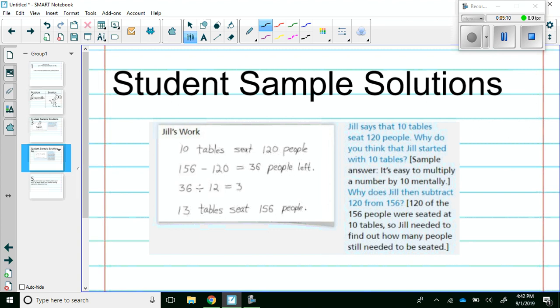She takes 120 from 156 to get 36 people left. Then she takes 36 divided by 12 to get 3 more tables, leaving her with 13 tables to seat 156 people.